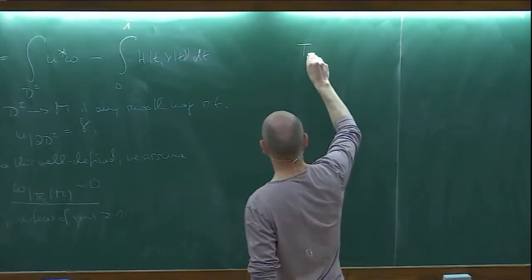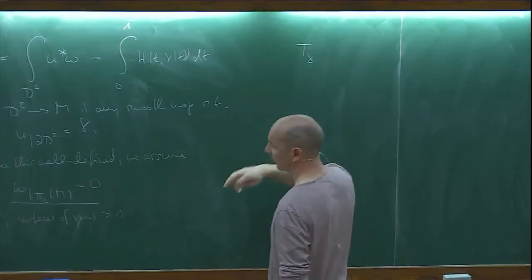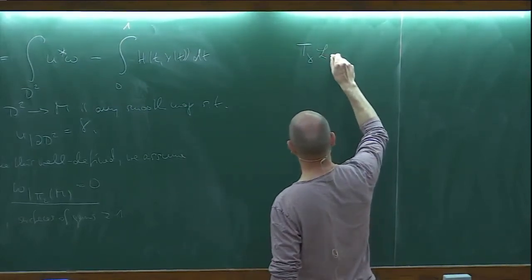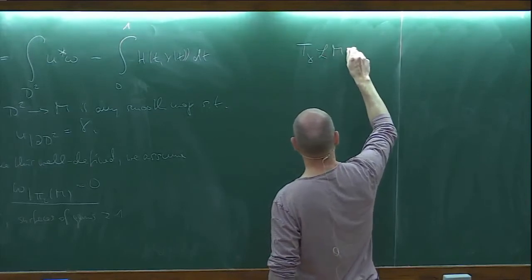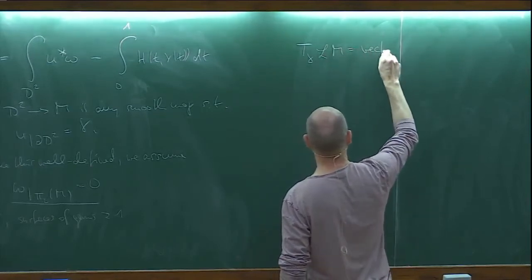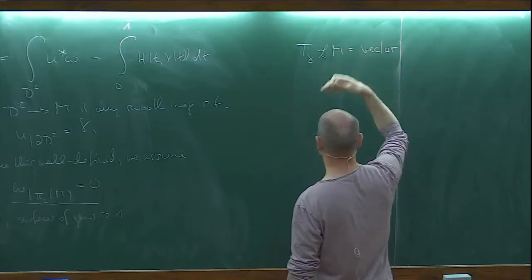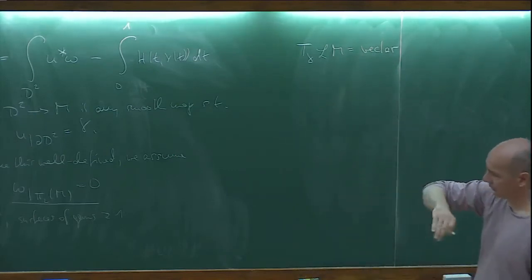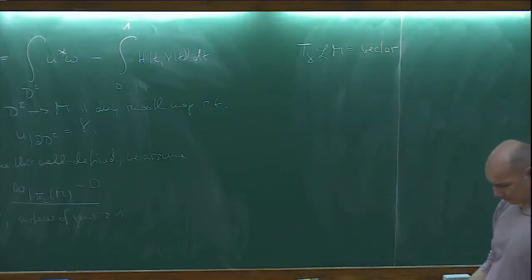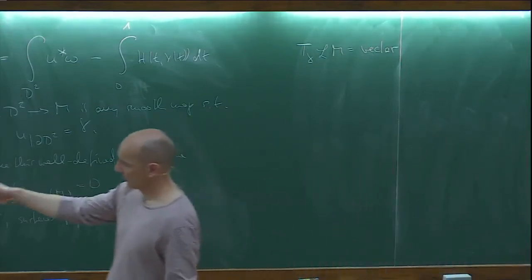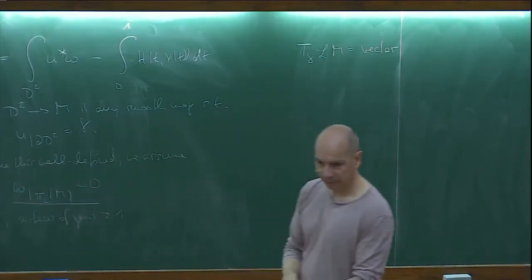The tangent space at some gamma to my loop space is just vector fields along gamma. I'm doing this in a very simplistic, heuristic kind of way. I'm not worrying about topology or smoothness. I'm thinking really of smooth loops, and then the tangent space would be smooth vector fields along gamma.